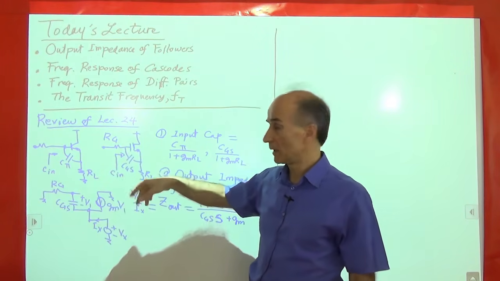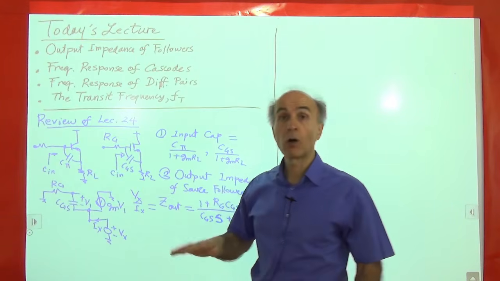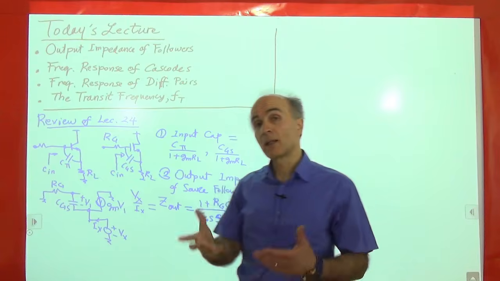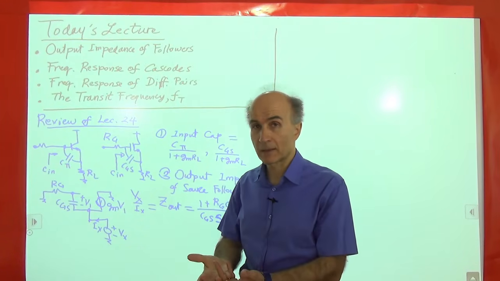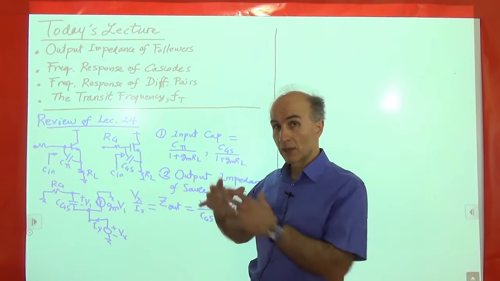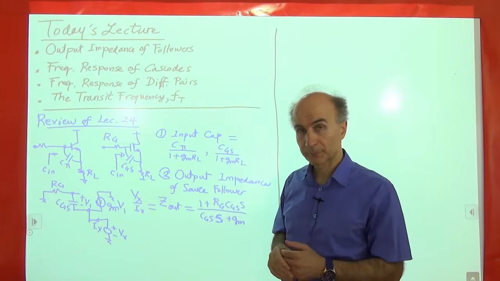And by that we mean if the base goes up and down, the emitter also goes up and down almost equally. So this capacitance voltage doesn't need to change, which means we don't need to deliver charge to the capacitance, which means the input capacitance is lower than just CPi or CGS by this factor.